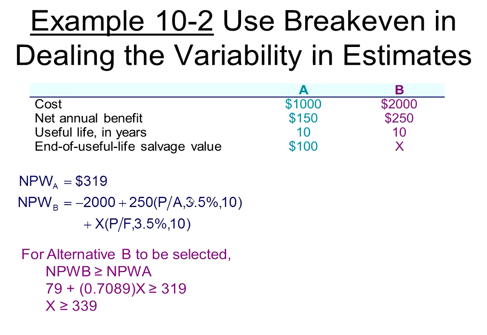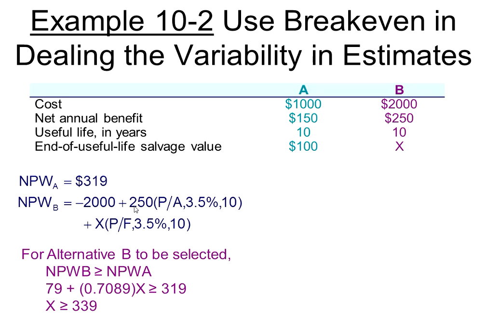Then we can simplify this a little bit so we can evaluate P given A. This is a number: negative 2,000 plus 250 multiplied by this discount factor simplifies to 79.